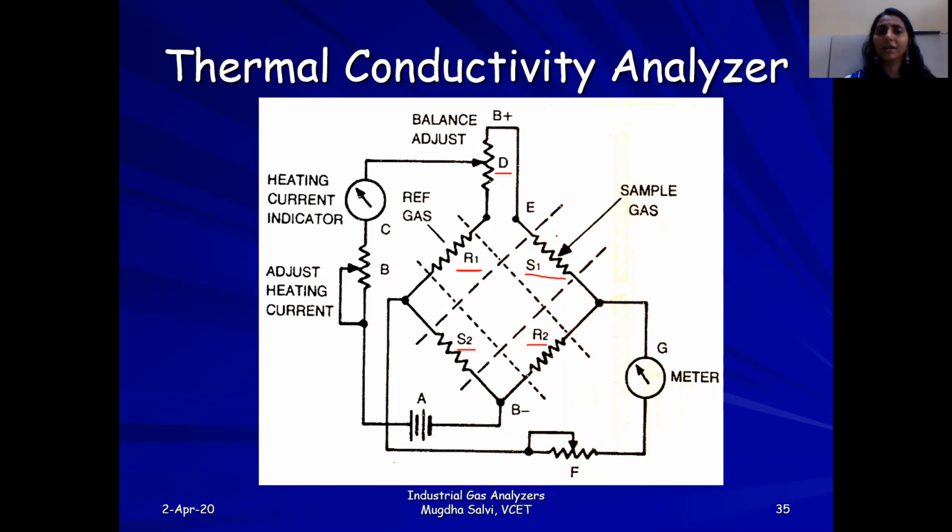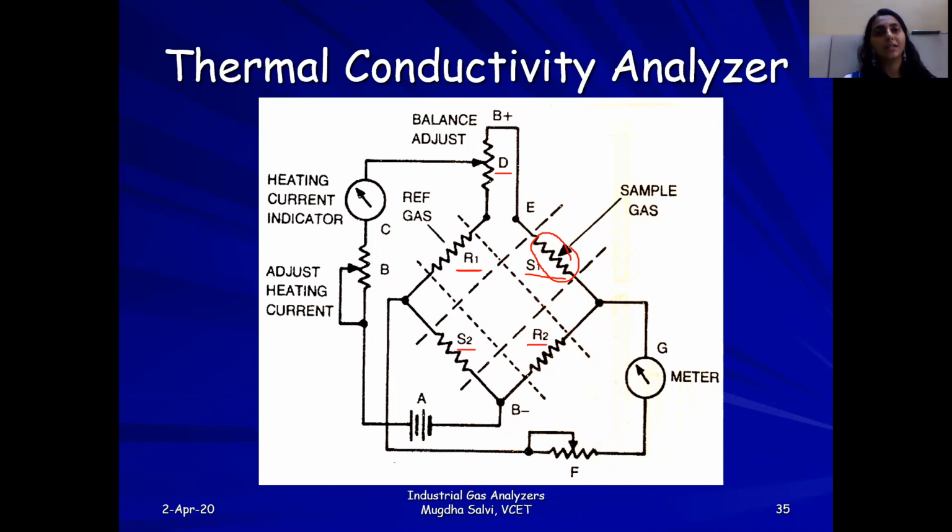Now the sample gas will be passed through S1, through this filament. When it is being passed through S1, depending on the thermal conductivity, it will either be greater than the reference gas or lower than the reference gas. Very rarely it will be the same as the reference gas.